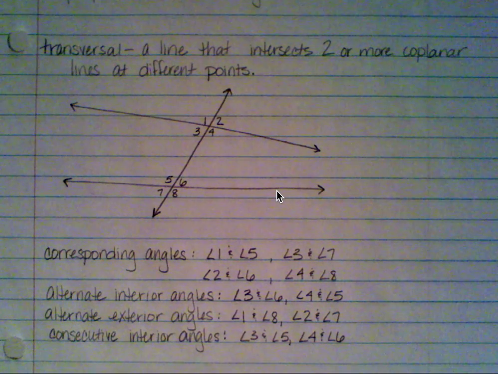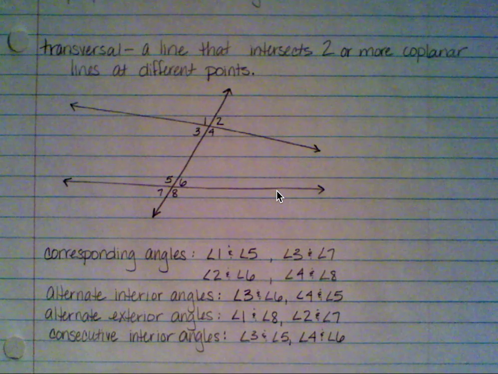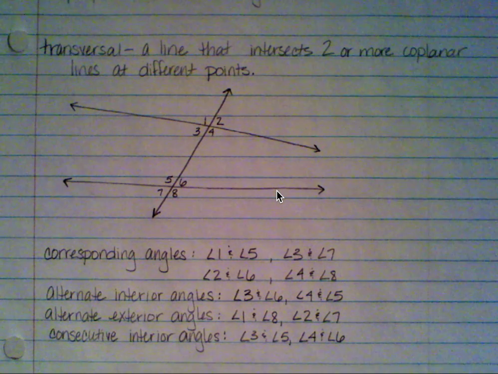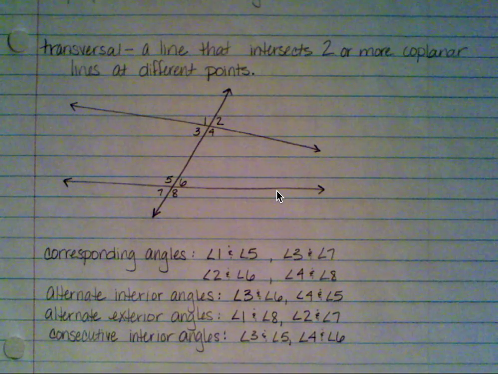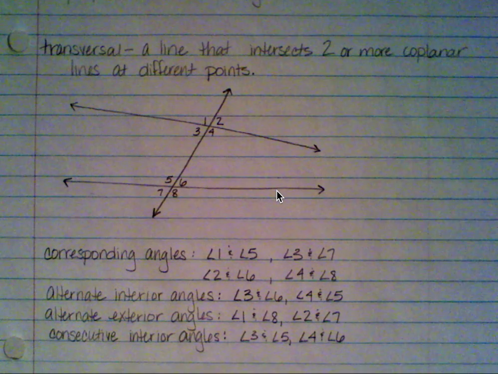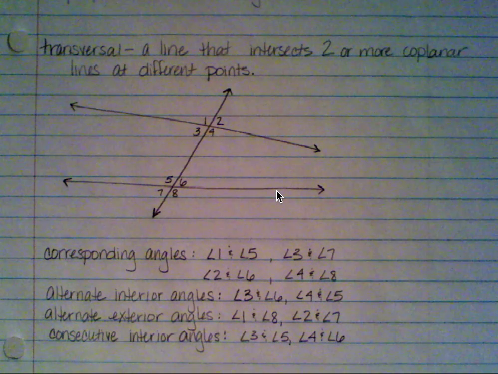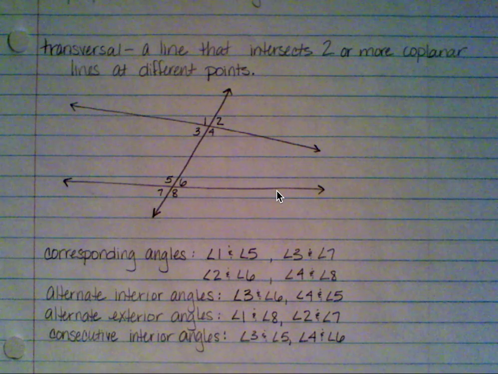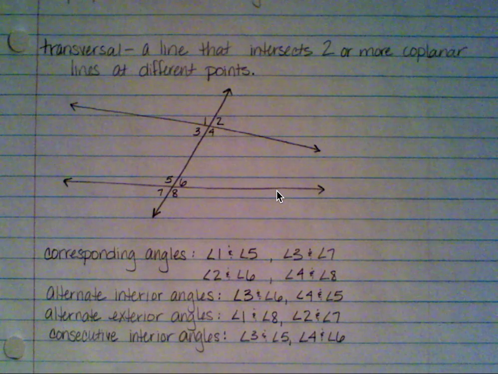And so we have corresponding angles, and I have listed there all of the examples of the corresponding angles. We have alternate interior angles, alternate meaning one on the right side, the other on the left side of the transversal. Interior meaning they're on the inside of the two lines that the transversal cuts. Alternate exterior angles, again, alternate, one on the left, one on the right of the transversal.